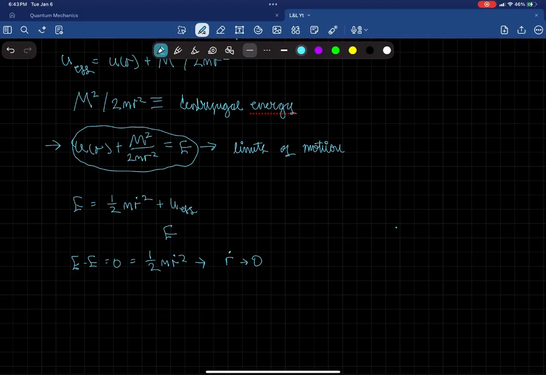And that would indicate that when r dot equals 0, it is a turning point of the path where r, the radial vector as a function of time, begins to decrease instead of increasing, or vice versa.